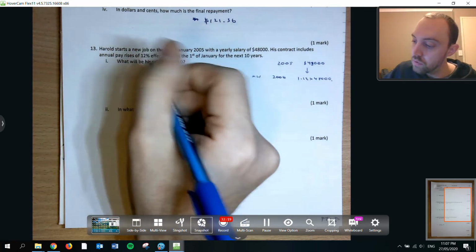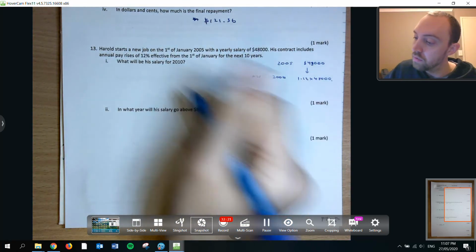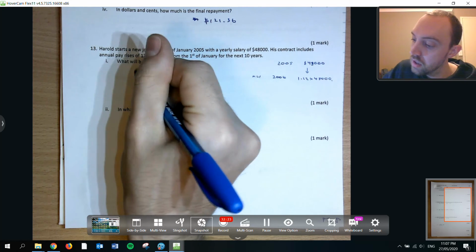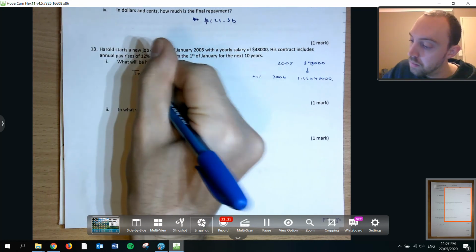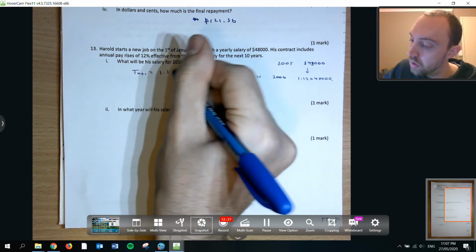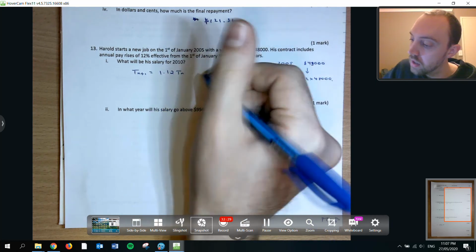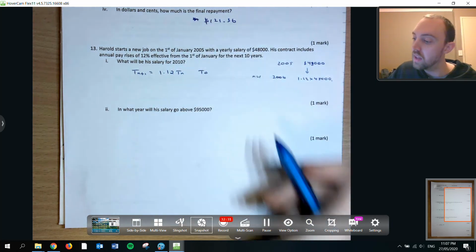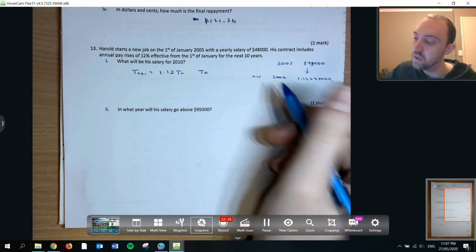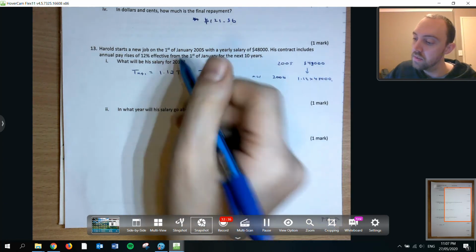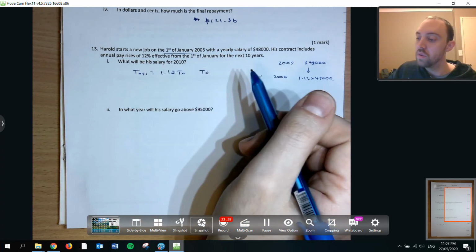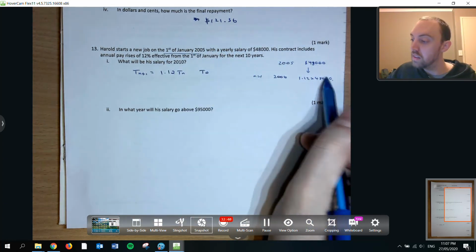What might be useful is to have some sort of recursive rule here. Tn plus 1 is equal to 1.12 lots of Tn, where T0, again, this is a time since question. Time since January 2005, after 1 year, it's increased.